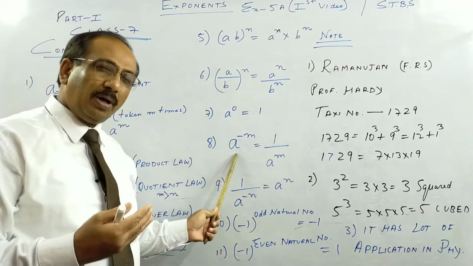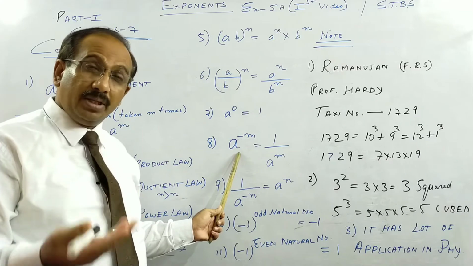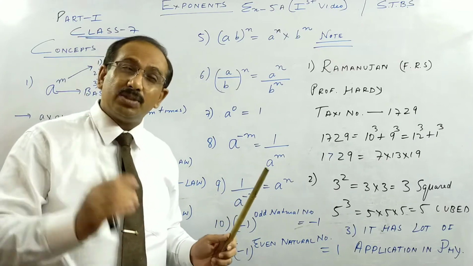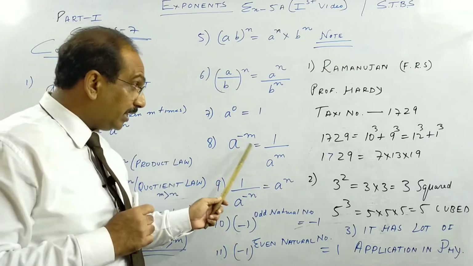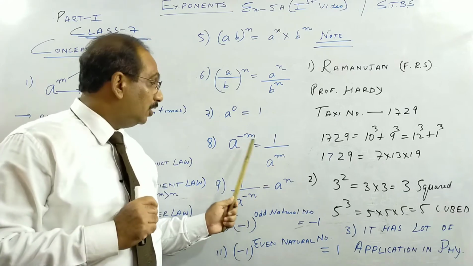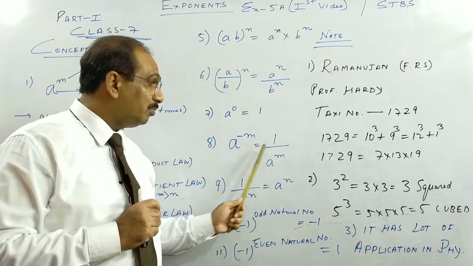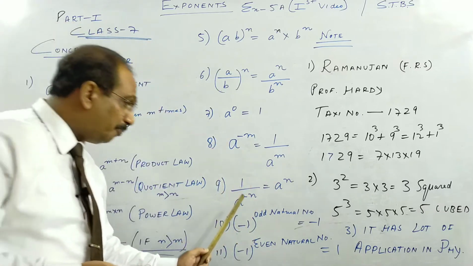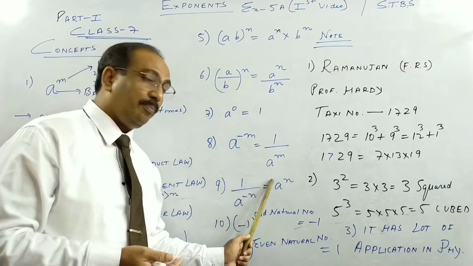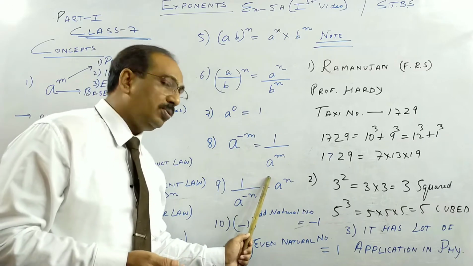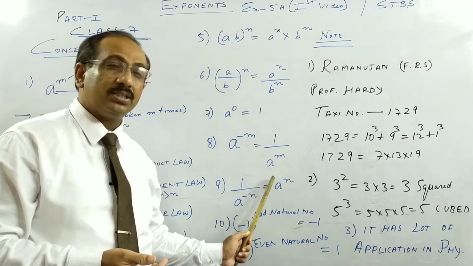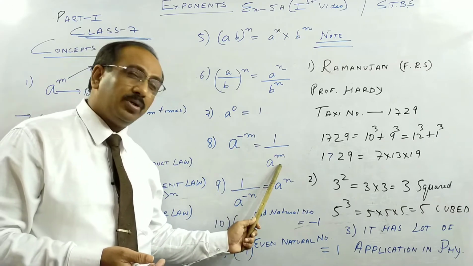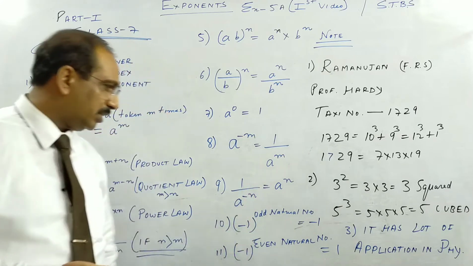If there is a minus power, later on you will see, may not be in this class, they say write as positive index. Positive index means the power has to be positive. So if there is a to the power minus m, 1 upon that, you take it down, the power becomes plus. If the power is minus down, take it up. From denominator to numerator, the power becomes plus. From numerator, you take it to the denominator, the negative power becomes plus.